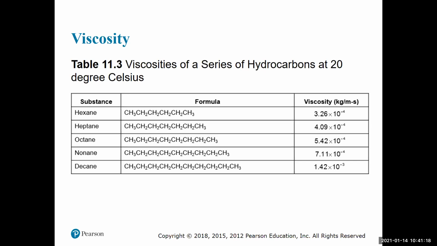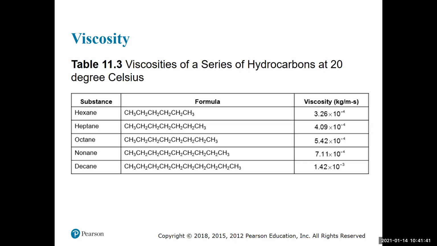If you have a little bit of interaction at a lot of spots, that builds up and makes it a little stronger. That's why we see this gradual increase as we go up, adding that extra carbon to each of the molecules. This is a good comparator because these molecules are really similar.